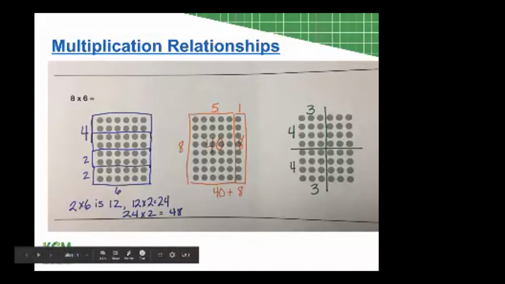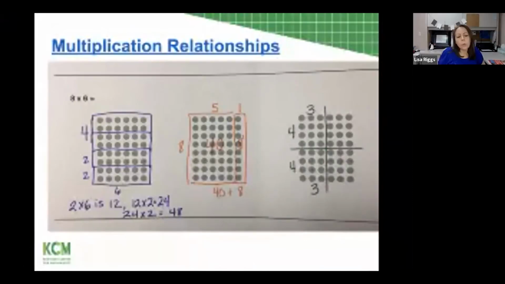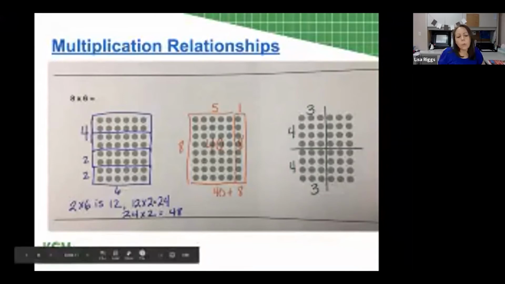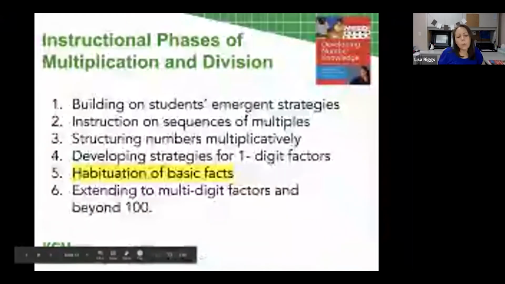Well, I guess another way to think about that is automaticity. We want students to be able to have recall based on the conceptual understanding. So we've had the buildup with these instructional phases. This is not where we start.